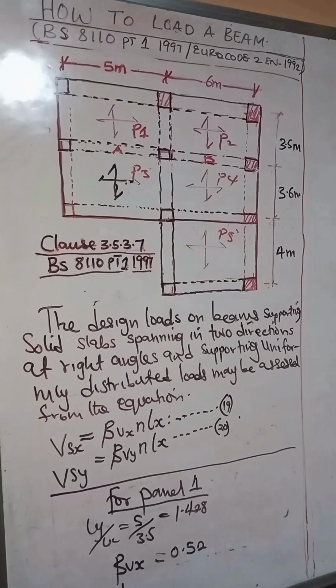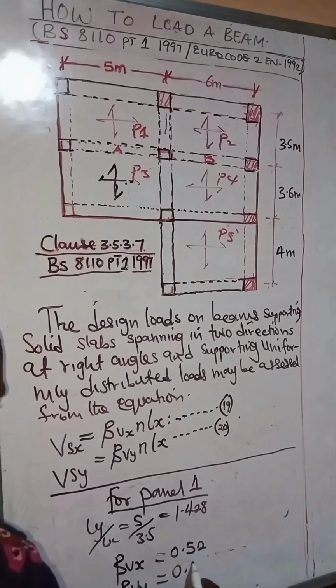My BVY, I'm going to check it. BVY. Let me check for it. I have 0.45. Okay, so this is what we have for the continuous edge, both for BVY and BVX.